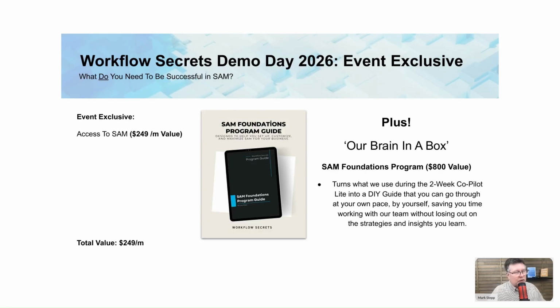But we've got a lot of additional bonuses that we want to include with this. Number one is our brain in a box. So for the past several months, we have what we call our co-pilot. We also have a co-pilot light where people can, if they're at a point in their business where they want some additional help beyond doing it themselves, pay us to do that work with them or get some extra time with us and go through that process over a 2-week period.